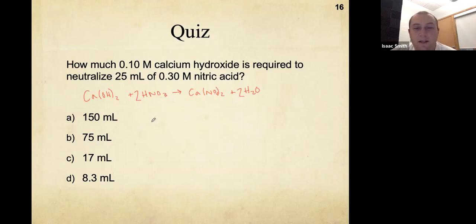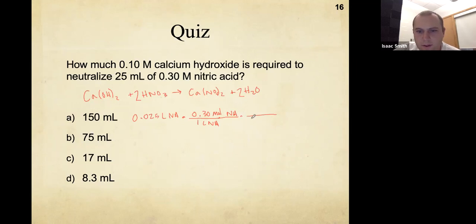All right, so now we can just walk through the same steps as we did last time. So we have 25 mils of 0.3 molar nitric acid. So I'm going to say 0.025 liters nitric acid, and then use the molarity, 0.30 moles of nitric acid.